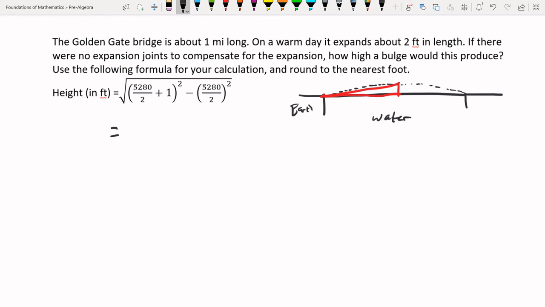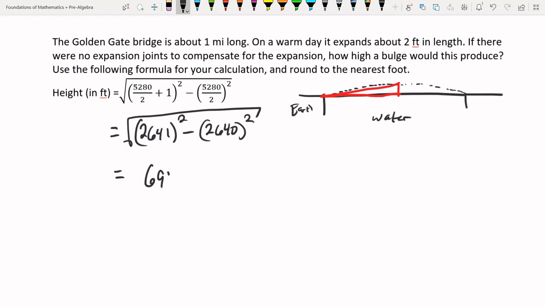So the height then, 5280 divided by 2 is 2640. Plus 1 is just going to be 2641 squared minus 2640 squared. We do exponents before addition and subtraction.